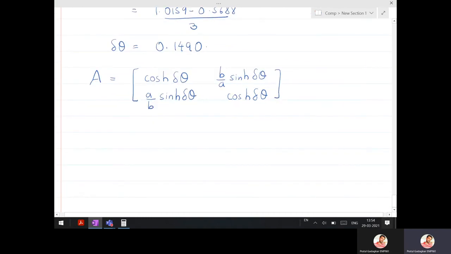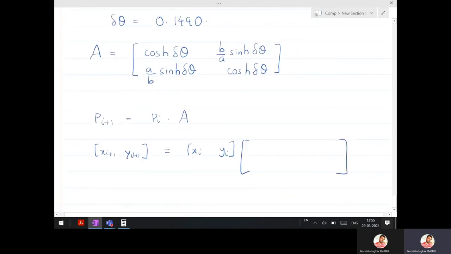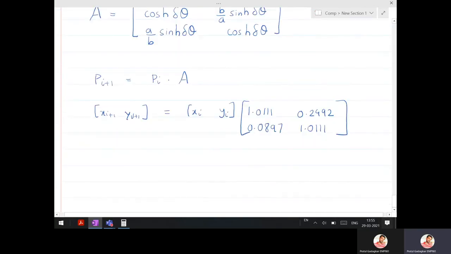I'm going to evaluate all these values, and P i plus 1 is equal to P i into the matrix A, that is x i plus 1, y i plus 1 is equal to x i, y i times A. Here I'm going to put the values of delta theta, A and B. Accordingly, I'm going to get 1.0111, 0.2492, then 0.0897 and 1.0111.